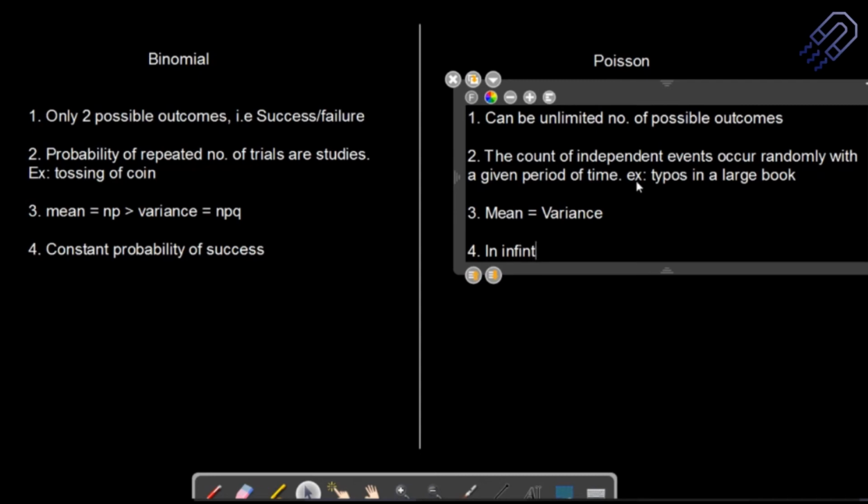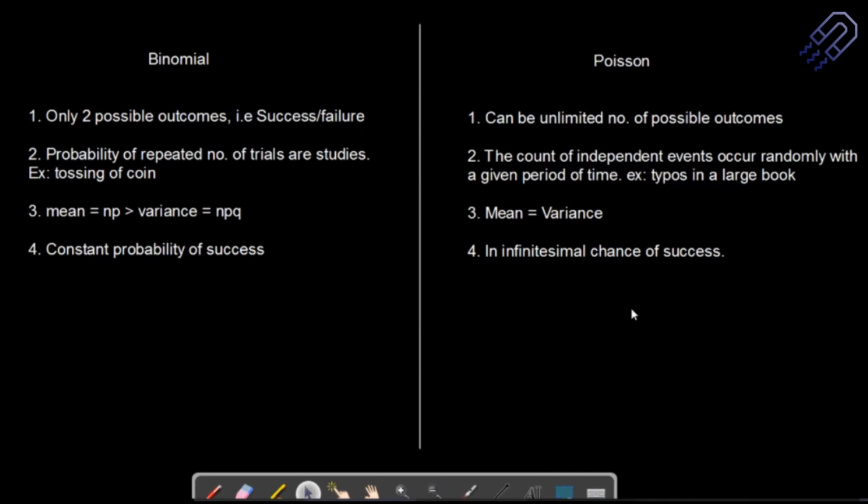The chance of success in binomial distribution is more, but in Poisson distribution the chances of success are less. You can think about typos in a book. It's not that every time you're going to get the same kind of result. That's important.